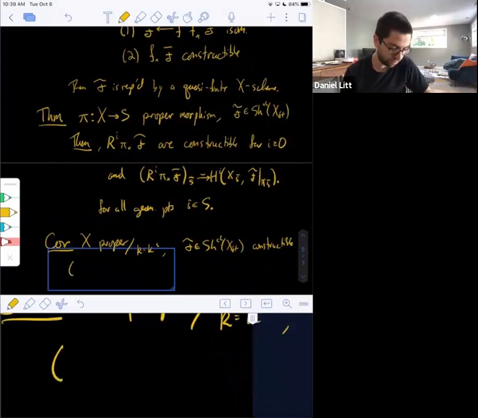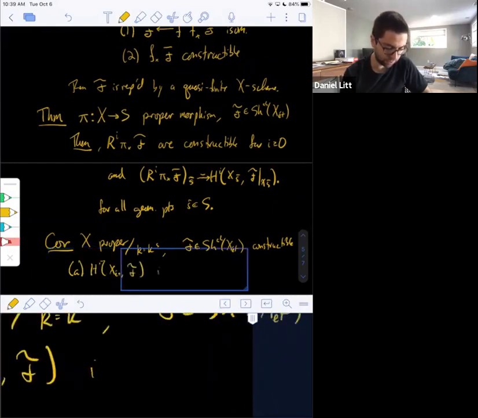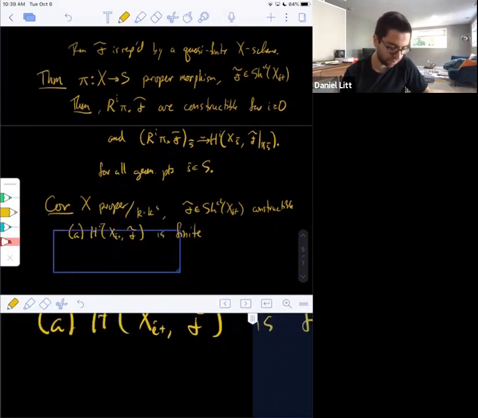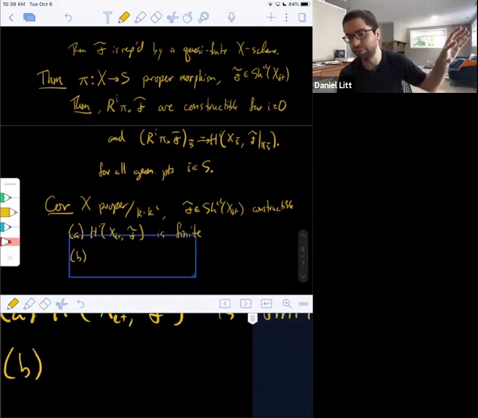Then, one, we have the cohomology of X étale with coefficients in F is finite. And B, it's sort of independent of base change along separably closed fields.